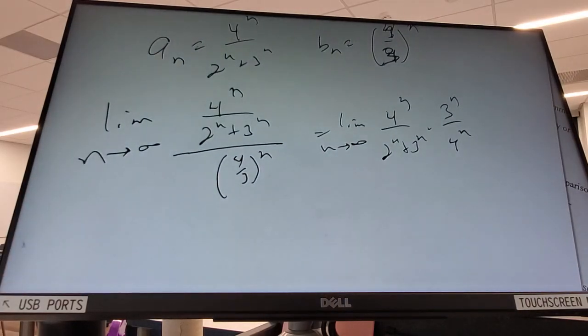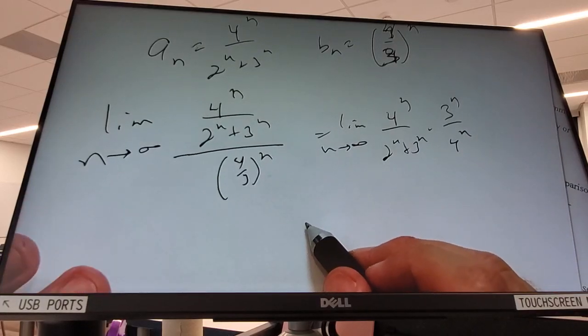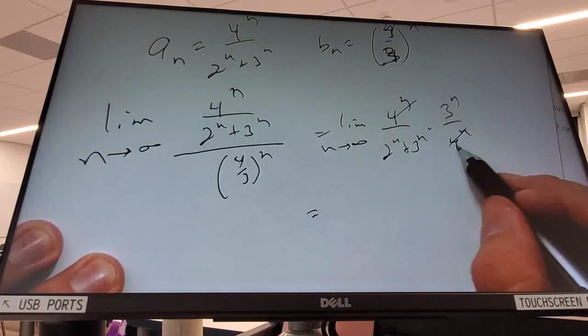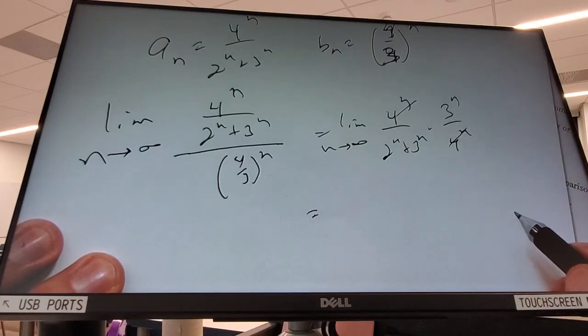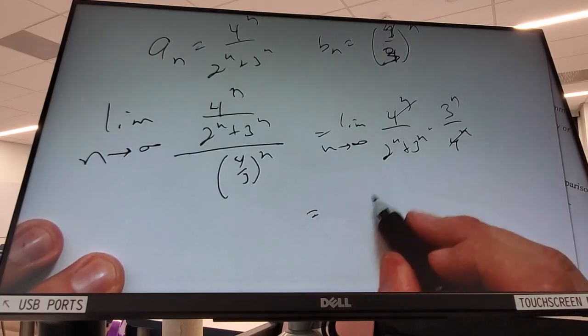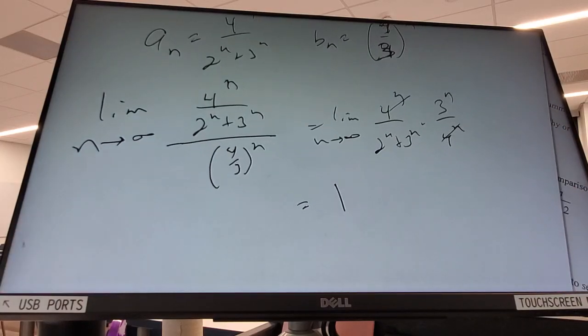If the result of this limit is a number between 0 and infinity, that means our series are kind of just a multiple apart. One is twice the other, or whatever. In fact, this limit came out to be, what was it again? I can't remember. I think it was 1. Was it 1? Yeah, it was 1. So that means eventually n gets big enough where an and bn are like the same number.